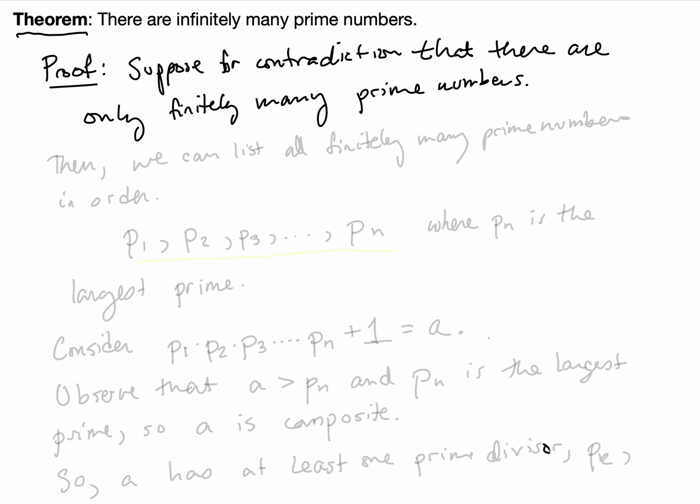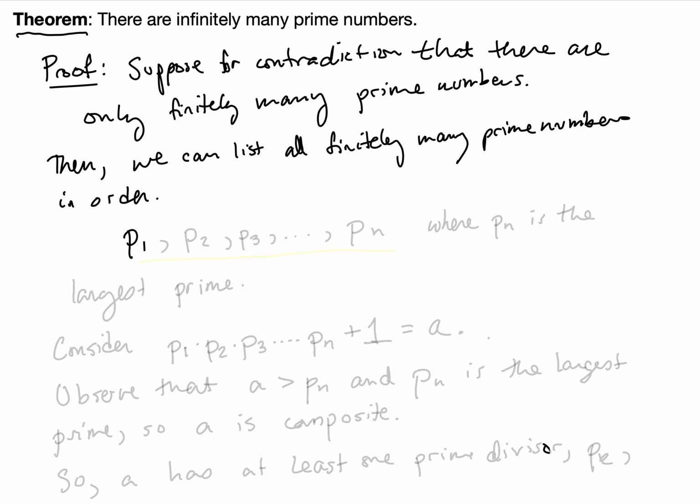So if there are only finitely many prime numbers, then we can list this finite set. So we can list all finitely many prime numbers in order. And we don't know how many there are, but let's just say there are n of them.